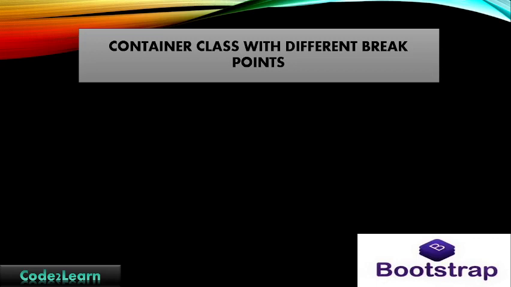Let's see in detail. According to the CSS in Bootstrap, there are 5 different types of breakpoints. The first is extra large: for an extra large screen, that is greater than or equal to 1200 pixel, it sets the container size as 1140 pixel.